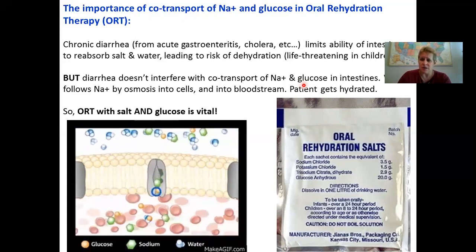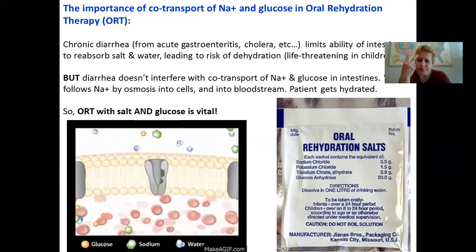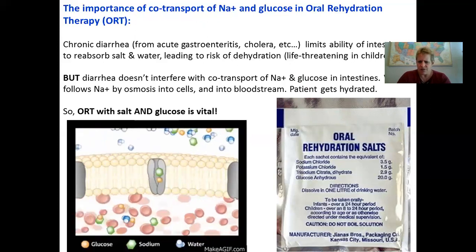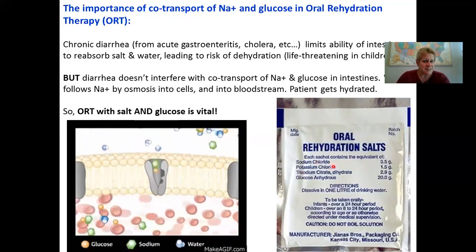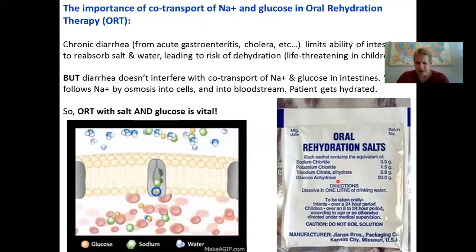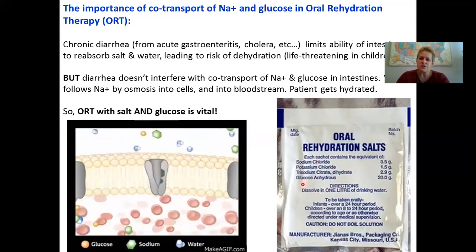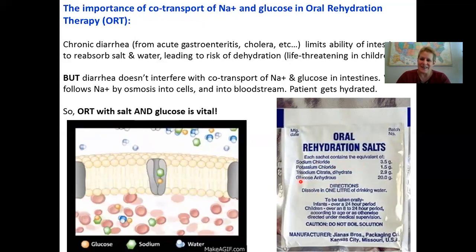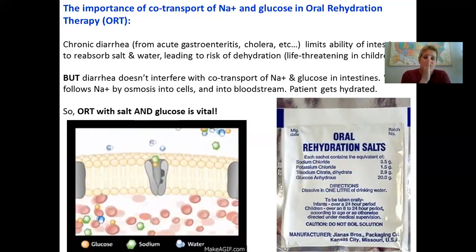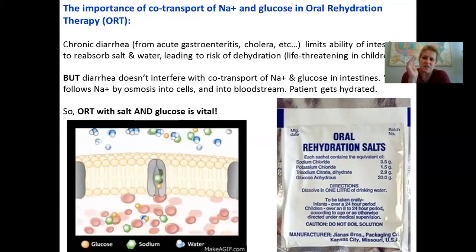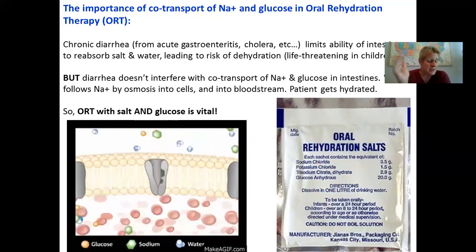So what we've got here is two things going on. We've got oral rehydration salts that contain salt, sodium chloride, a little bit of potassium chloride, which is also another salt, and anhydrous glucose. Okay, so diffusion of sodium across the intestinal wall into the bloodstream from high to low, passive transport.